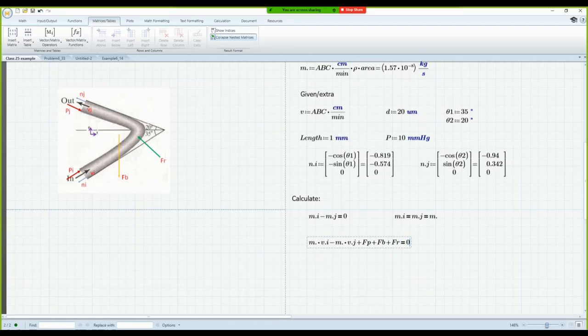If we rearrange this equation, F r, the force we're looking for, is going to be the negative of everything else, which we put on the other side of the equation.